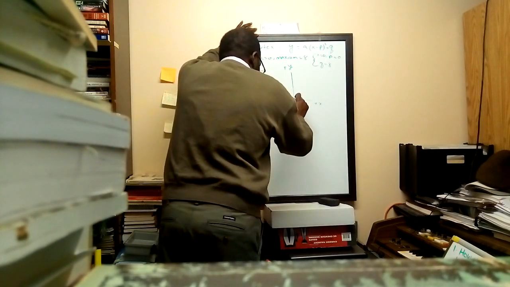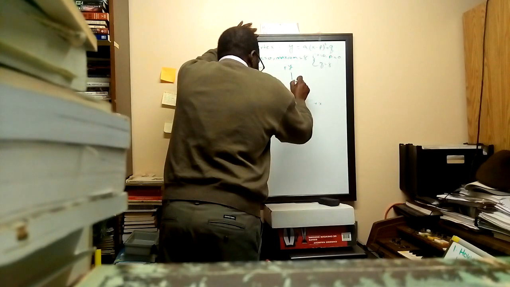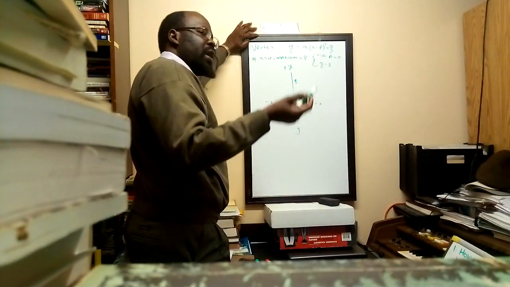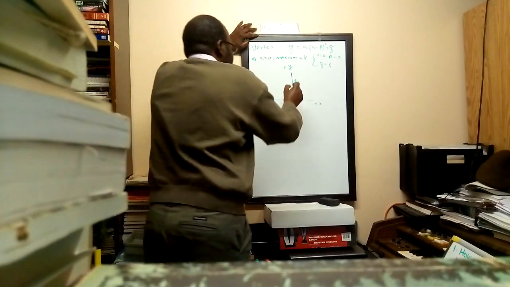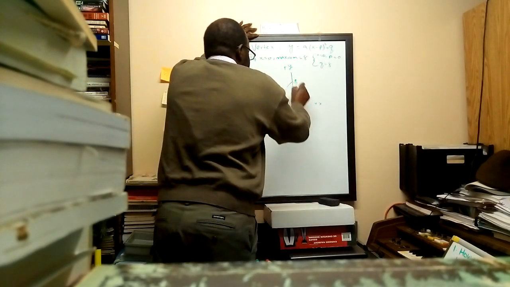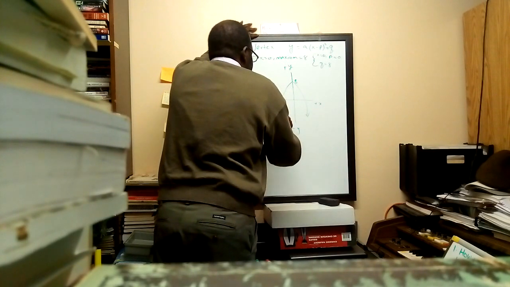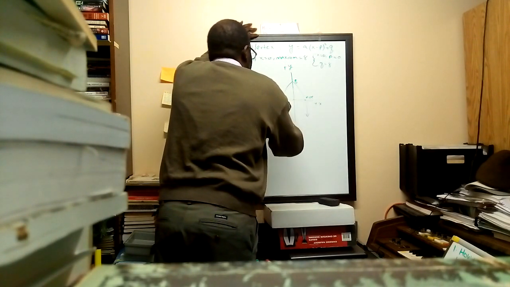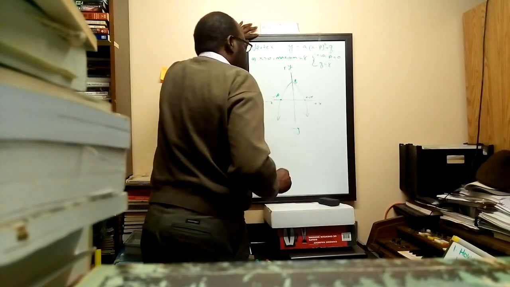When p is 0, y is 8, so we have 8 here. And because we have a maximum, we know that our graph opens down, so the parabola will look like this, crossing the x-axis at 2 points, on the positive and negative x-axis.